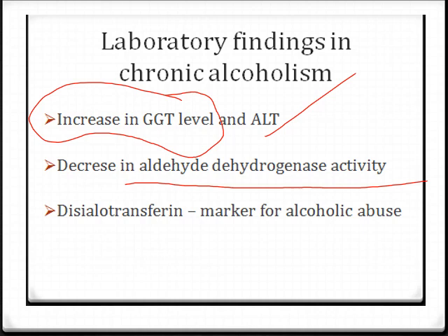And another newer marker of alcohol abuse is carbohydrate-deficient transferrin. These four are the parameters to be analyzed to find out chronic alcoholism, especially GGT, gamma glutamyl transferase, and alanine transaminase. These levels will be highly increased, and also the transferrin level will be increased, and there will be a decrease in aldehyde dehydrogenase activity.